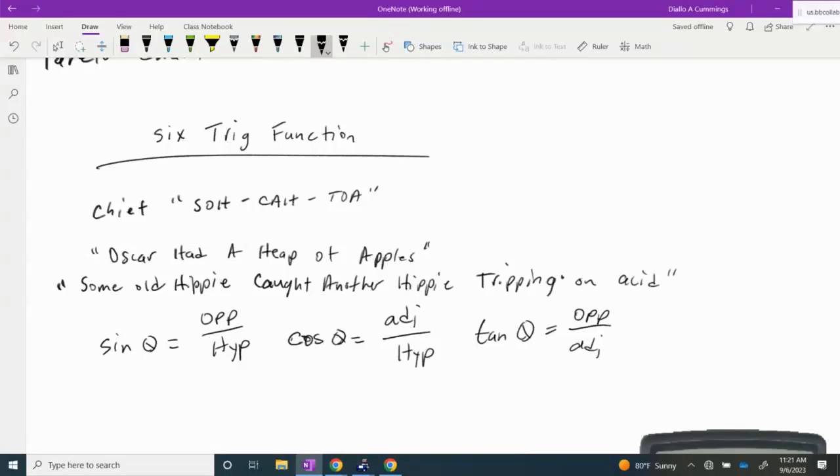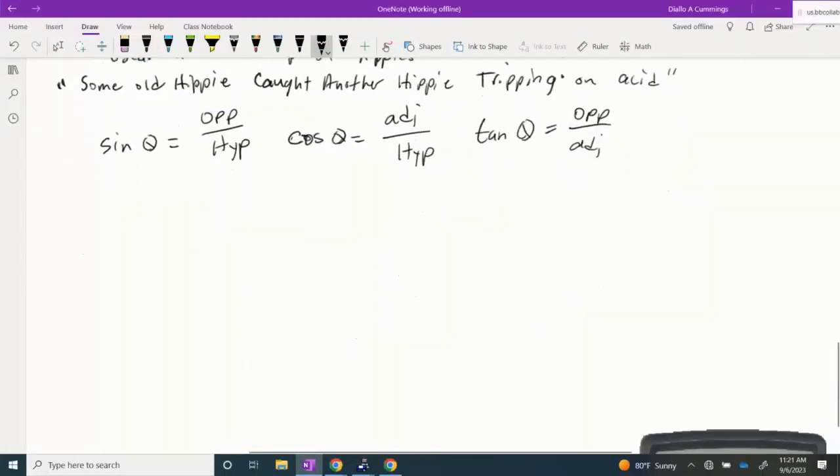He said that's how he remembered. I don't know where he got this from. I don't know if he made this up, but some old hippie, that's the sine is the opposite over the hypotenuse. Caught another hippie, that's the cosine is the adjacent over the hypotenuse. Tripping on acid is the tangent, is the opposite over the adjacent. But I'm going to stick to Chief SOHCAHTOA.